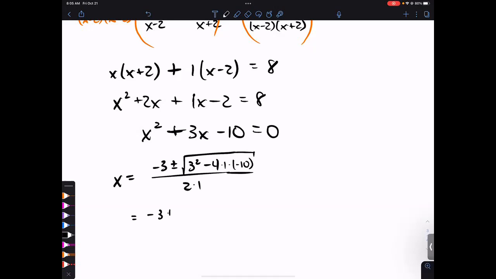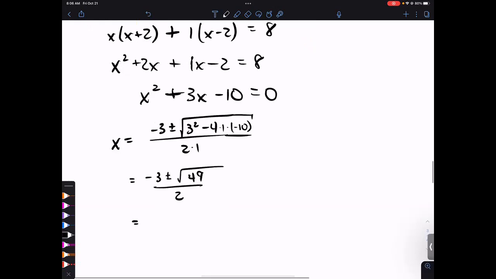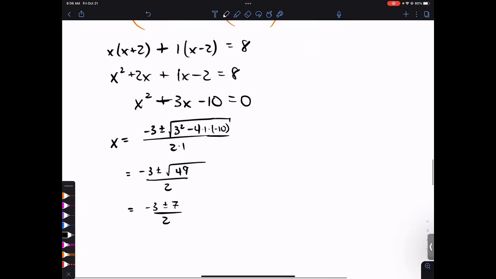So that's -3 plus or minus the square root of 49 over 2. And if you do those, you should get -5 and 2. Or factor.